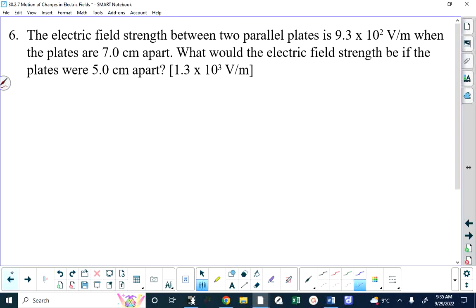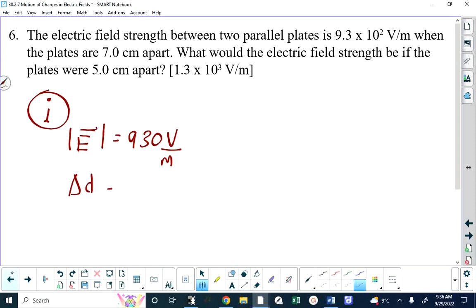This is one of these cases where something changes. We're beginning to see them more often than not. So what we're told to begin with is the initial state of things: we have an electric field strength with a magnitude of 930 volts per meter, and the distance between the plates is 0.07 meters.